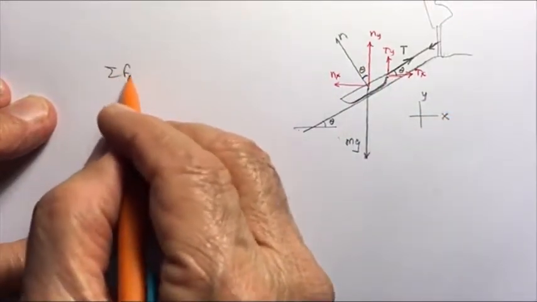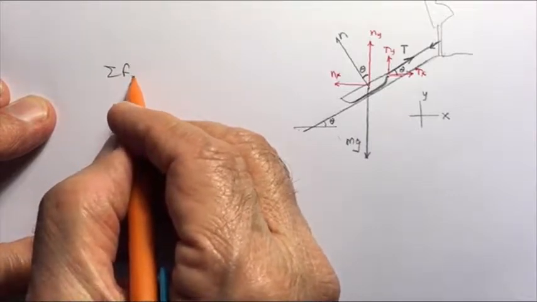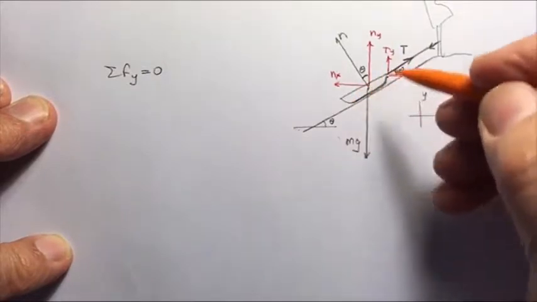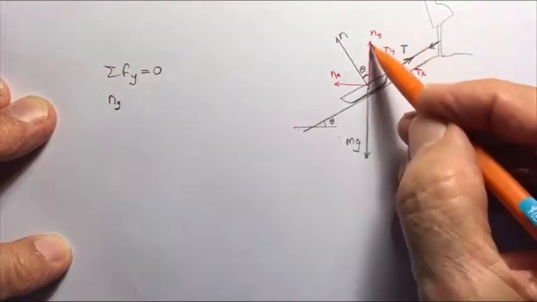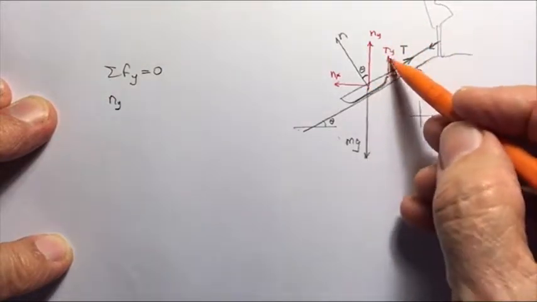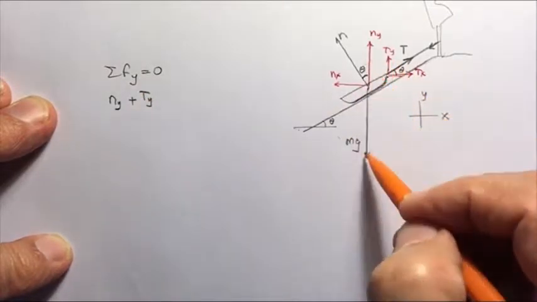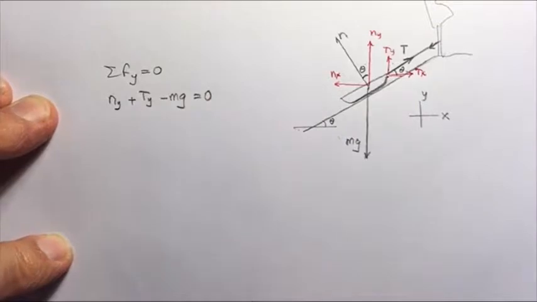And sum of forces in the, let's say, well, we can do any first. Y is 0 because there's no acceleration. Then the first force is Ny and Ty and mg equals 0.